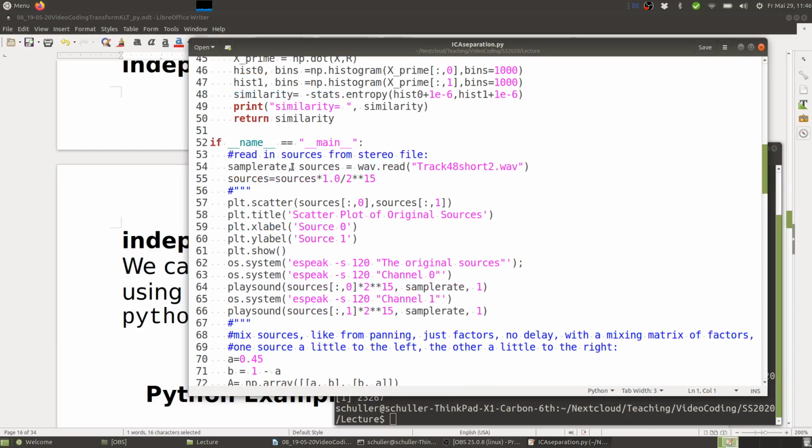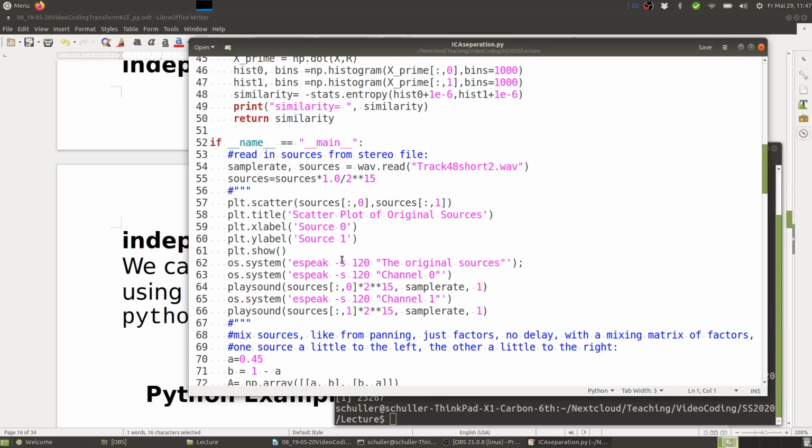Yeah, so here we have then the main loop. So we read in our stereo file. So this is stereo and contains an instrument and a singing voice, I think. And then here we have the scatter plot of the stereo, and it will plot the plot that we already saw.